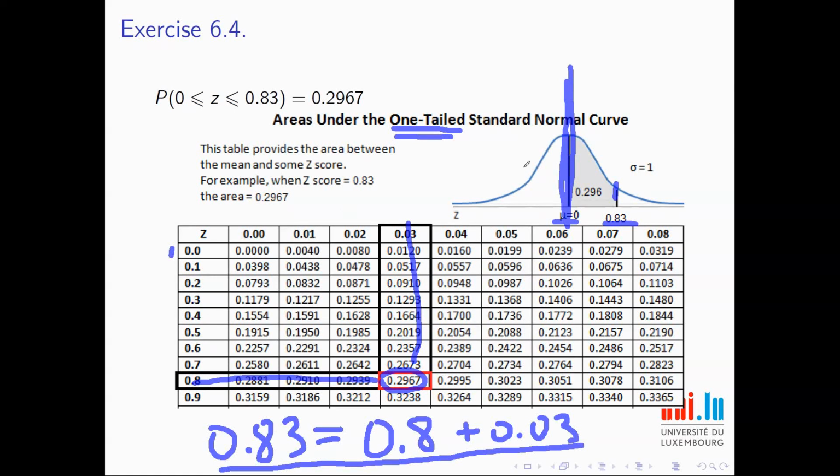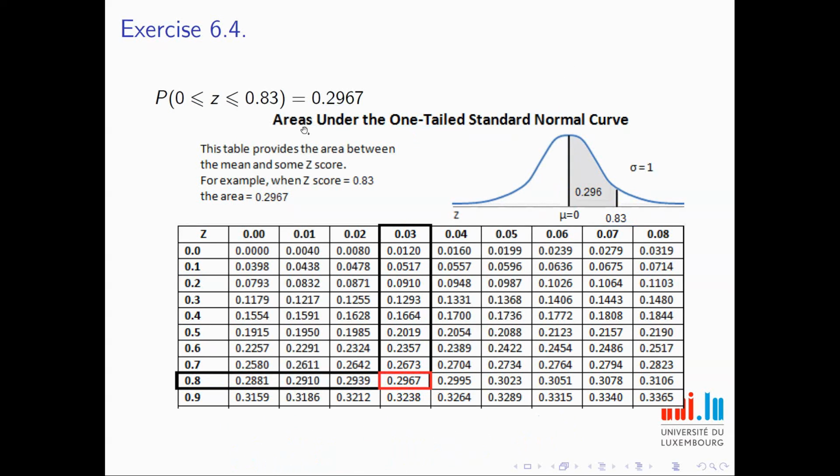It means that the probability that our standard normal continuous random variable lies between 0 and 1.83 is approximately 47%.